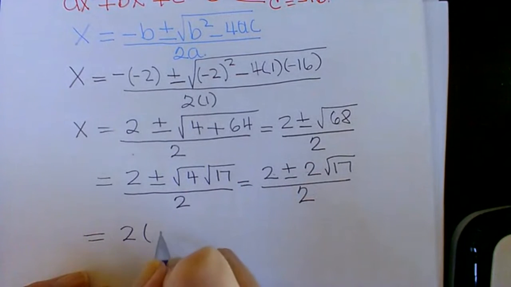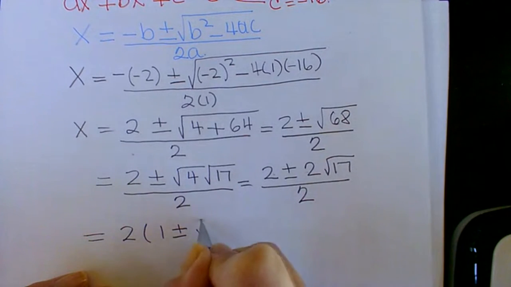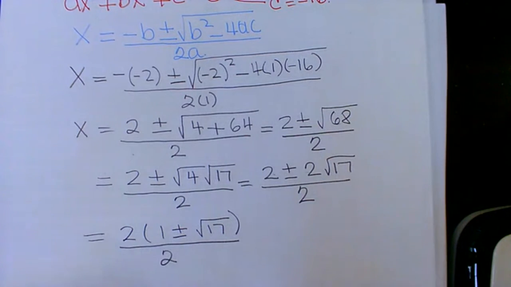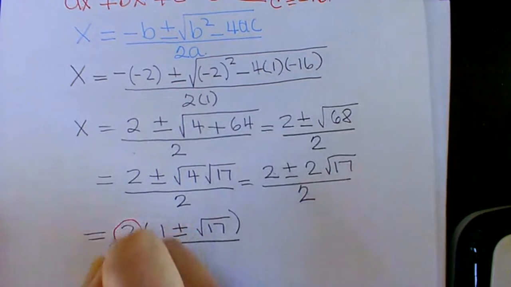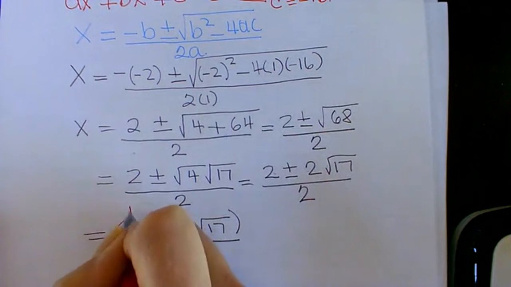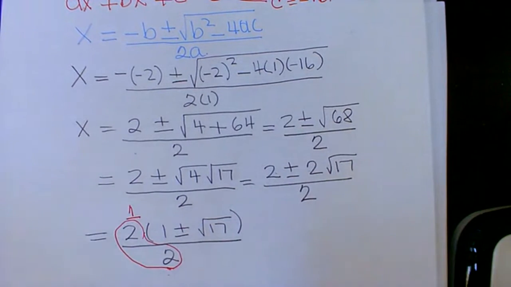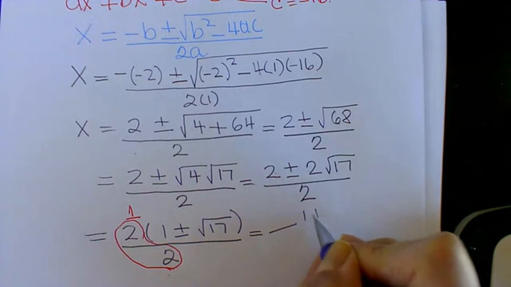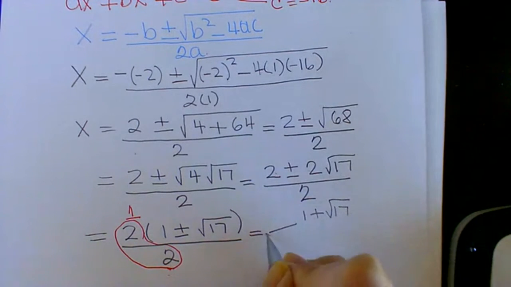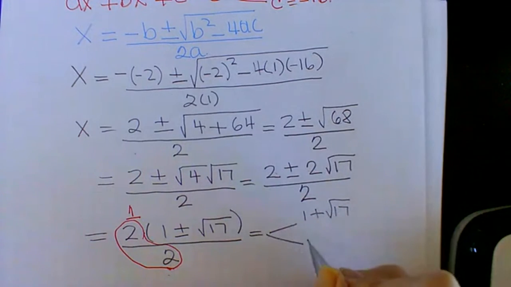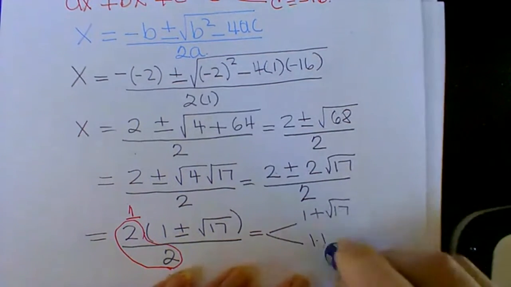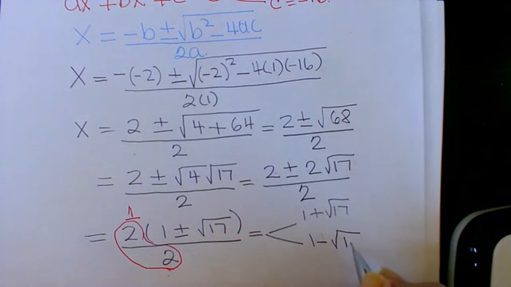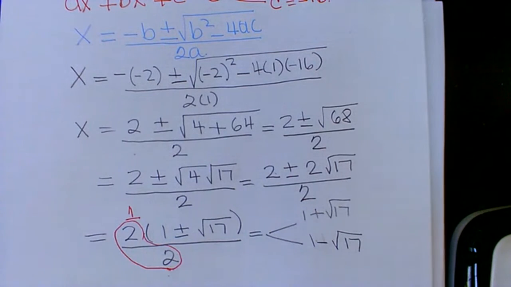So let me factor out the 2. Now we make a 1 here. So one answer is going to be 1 plus the square root of 17, and the other one is going to be 1 minus the square root of 17. Okay?